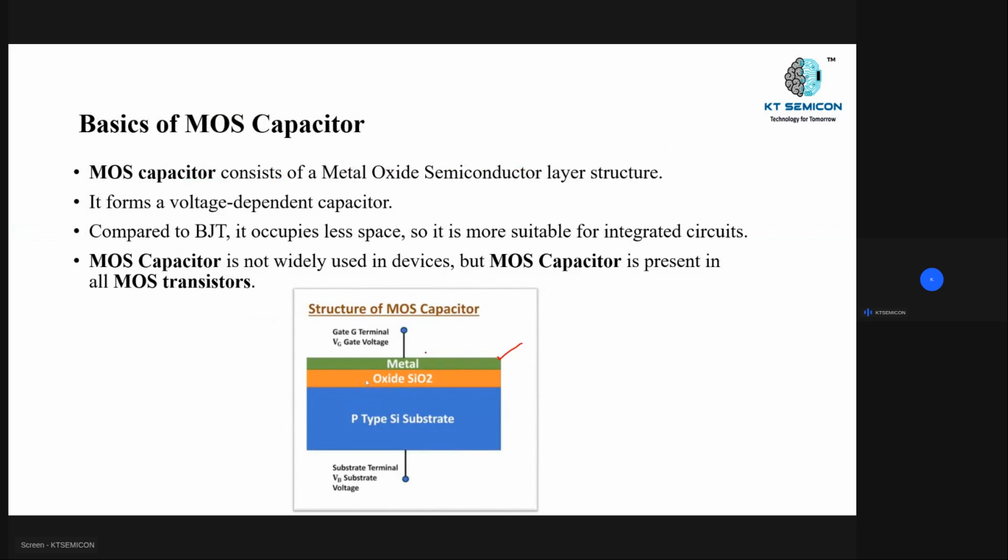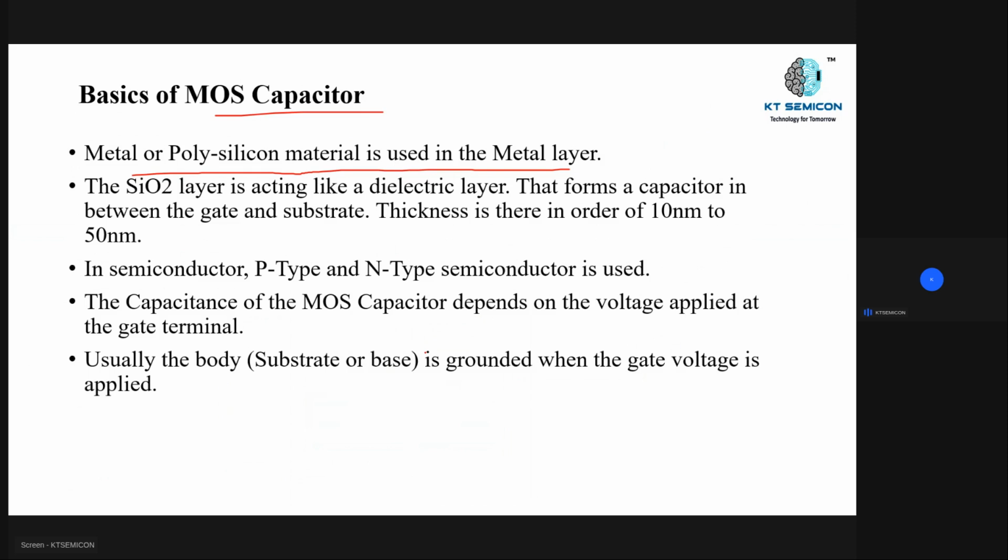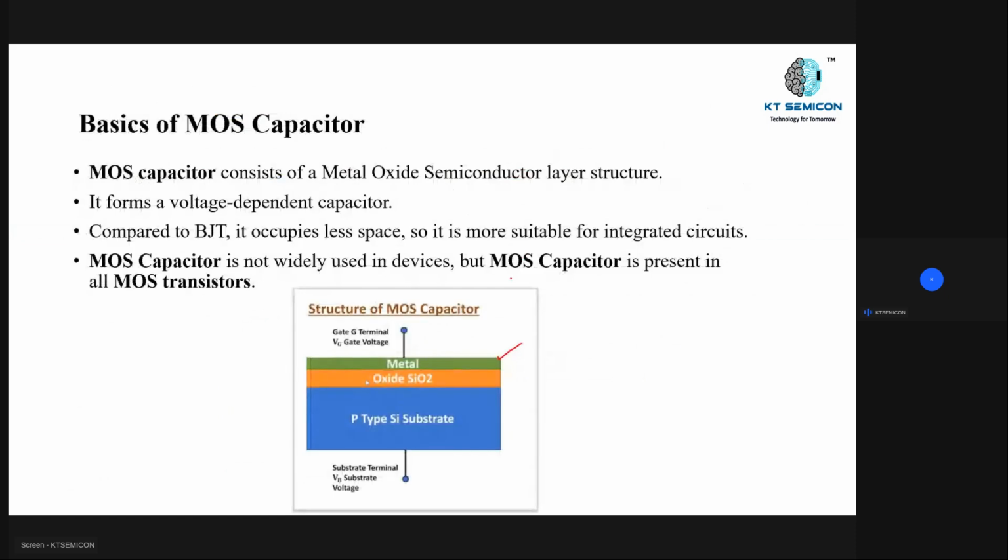Either we can select metal or polysilicon. The SiO2 layer acts like a dielectric layer, because it acts as an insulator. Insulator means it cannot allow any kind of electrons in it. Even if we increase the temperature, it won't allow any electrons in it.